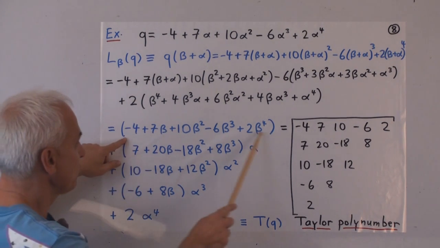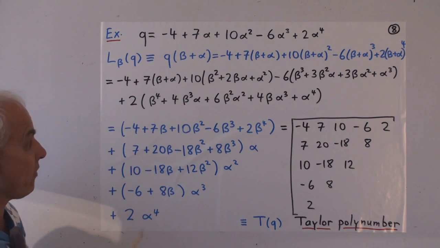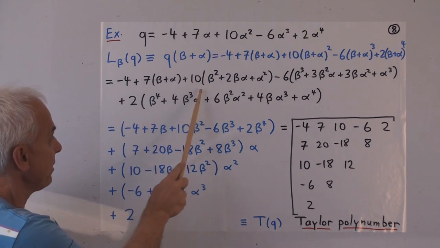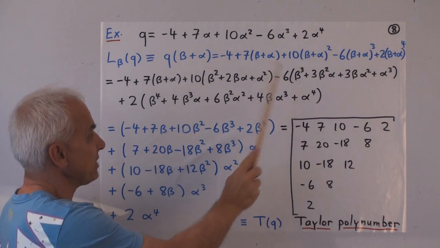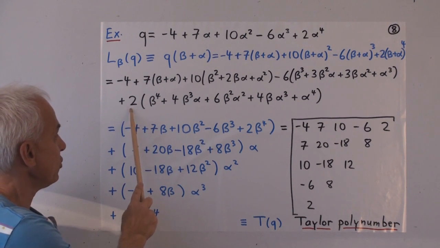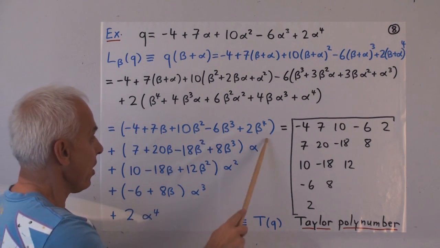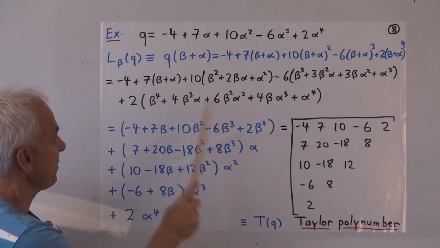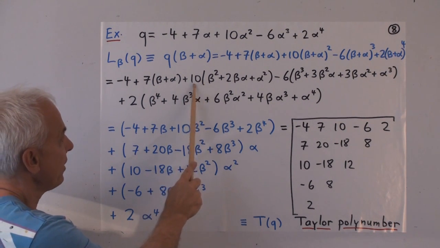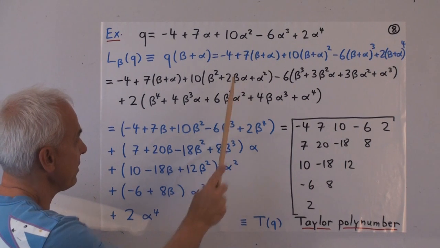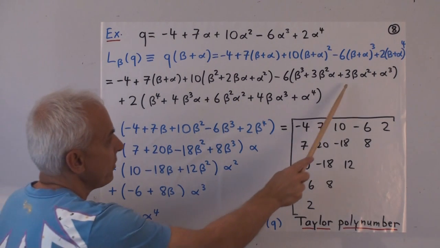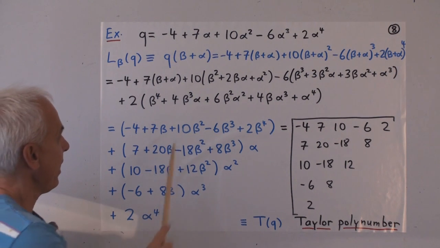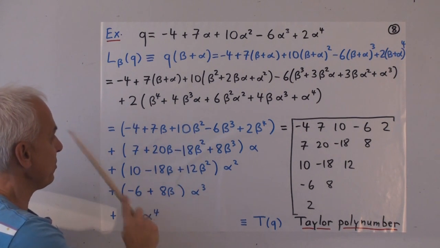So the first thing we'll do is collect all the terms that don't involve any alphas. This minus 4, 7 beta, 10 beta squared, minus 6 beta cubed, and 2 beta to the fourth. There they all are. And then the terms involving a single alpha: the 7 alpha here, a 10 times 2 beta, 20 beta. There's a 3 beta squared times minus 6. And over here, 4 beta cubed times 2.